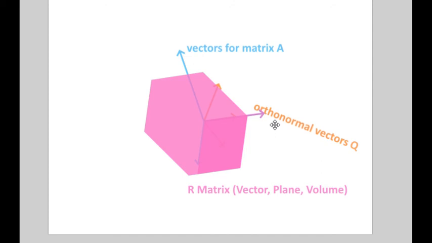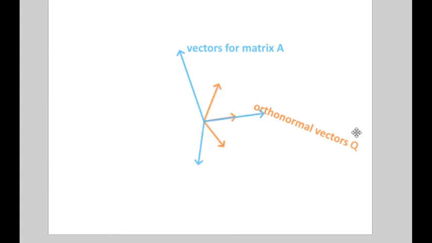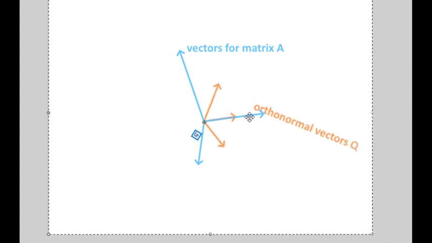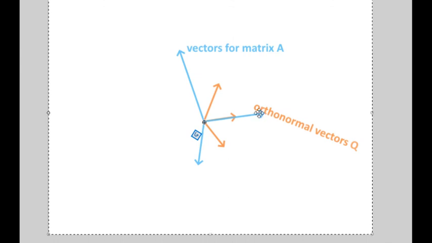So when we're rotating the orthonormal vector, we first want to match the direction of the vector, and then multiply by a scalar with the upper triangular matrix.